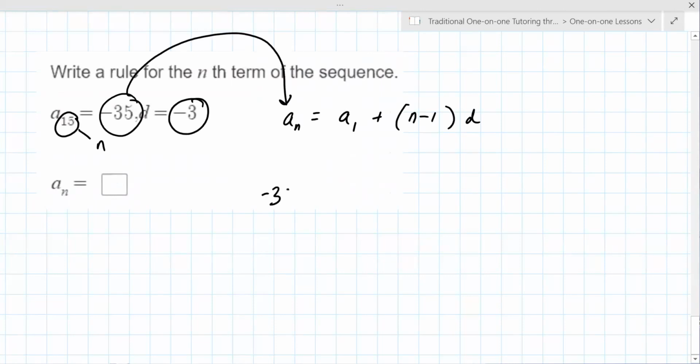So it's -35 equals a1 plus 15 minus 1 times -3. See if you can solve that for a1, please.